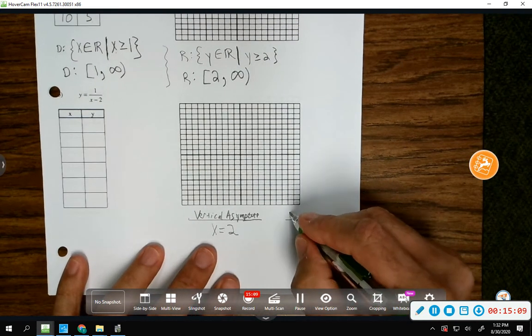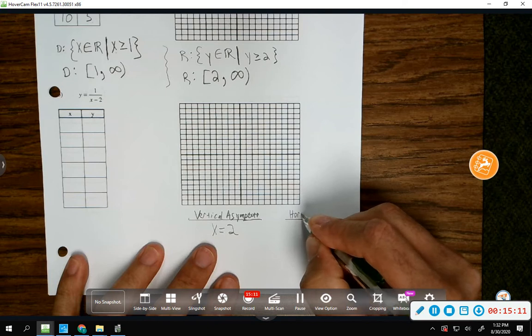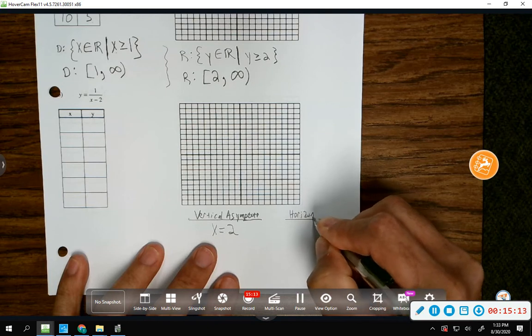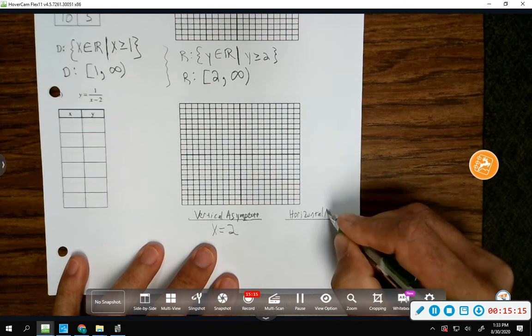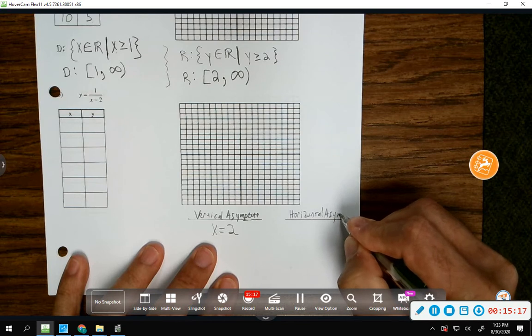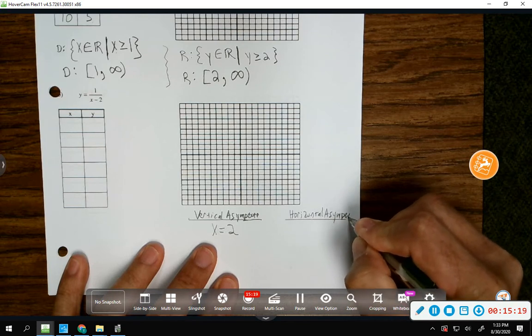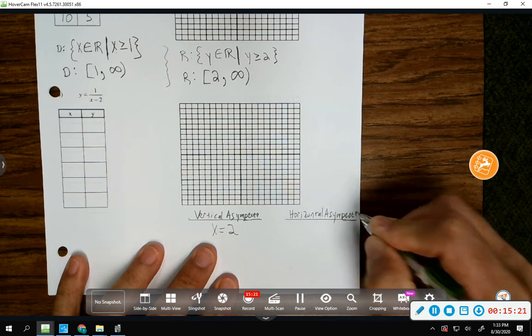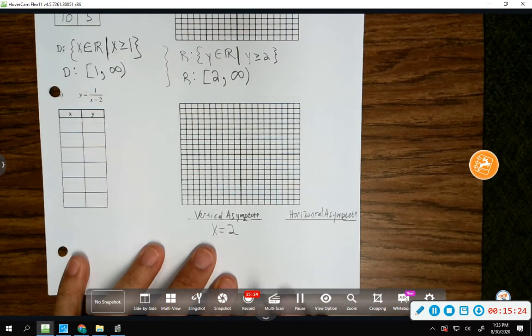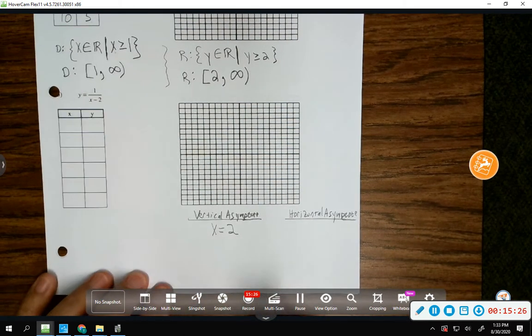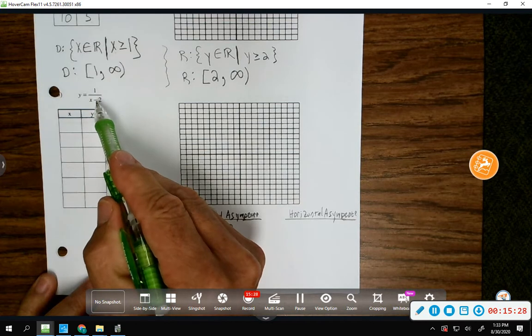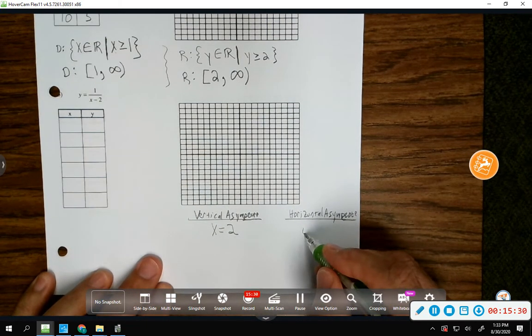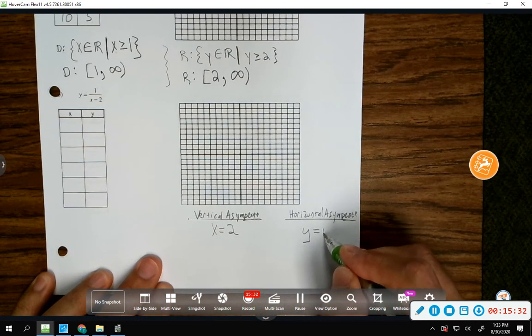The horizontal asymptote here, there are going to be a set of rules about end behavior, and we will cover this in more detail in Chapter 2. But for now, for horizontal asymptotes, there's two that you should know right away. If the degree on top is less than the degree on the bottom, y equals 0 is always the horizontal asymptote.